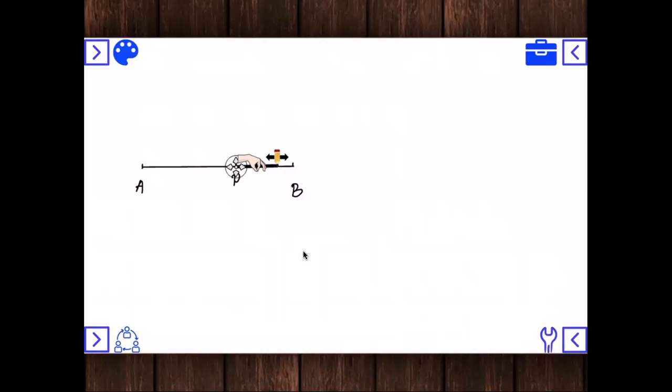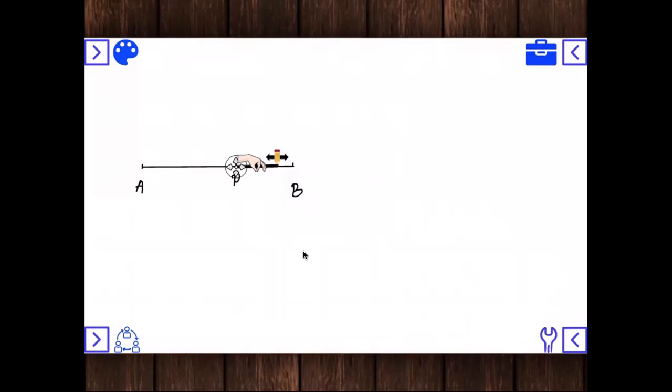AB is a line segment, right? It's a straight line segment. But we know that for a straight line segment, we can think of it as a straight angle, which is an angle that's 180 degrees, right? So what we're doing here, the steps are very similar to the steps we used to construct an angle bisector.